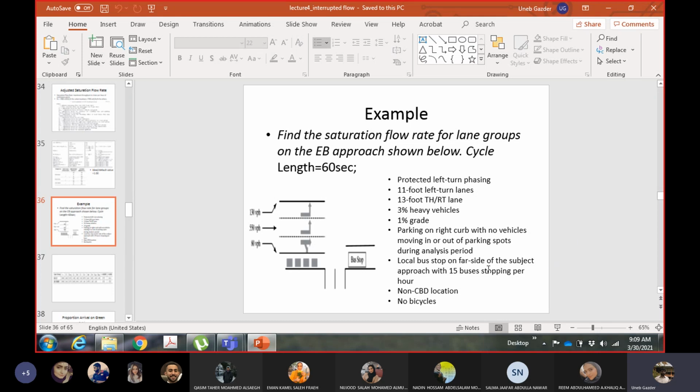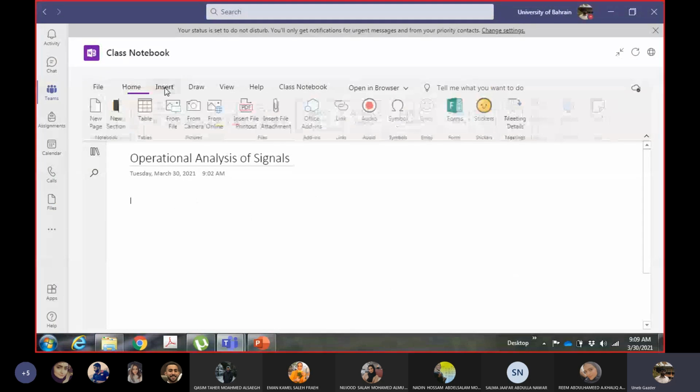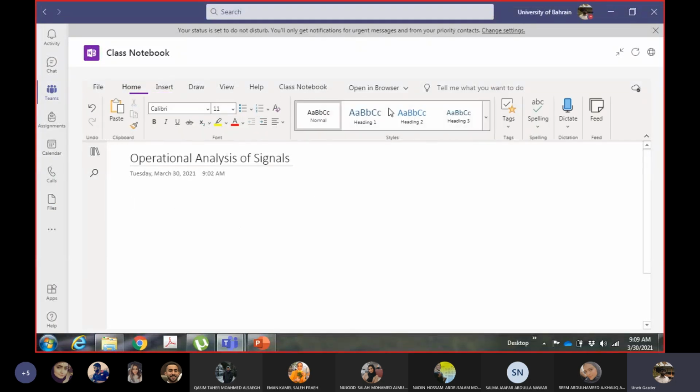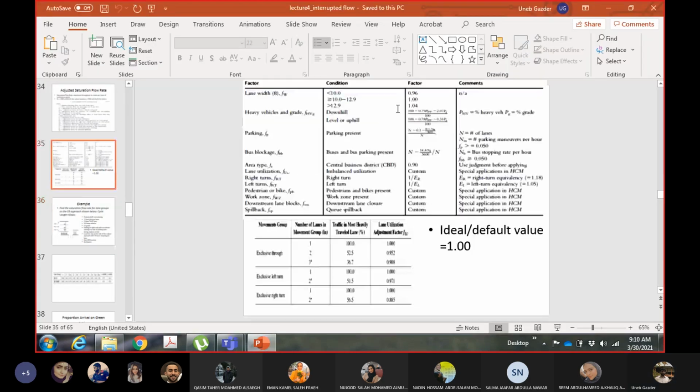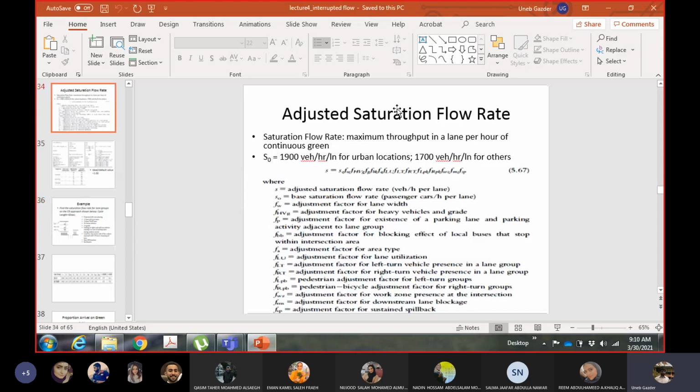So we identify the saturation flow rate or capacity on the basis of lane groups. So we have 2 lane groups, and we will find the saturation flow rate for 2 lane groups. How should I do it? If you come here, we first need the base flow rate.